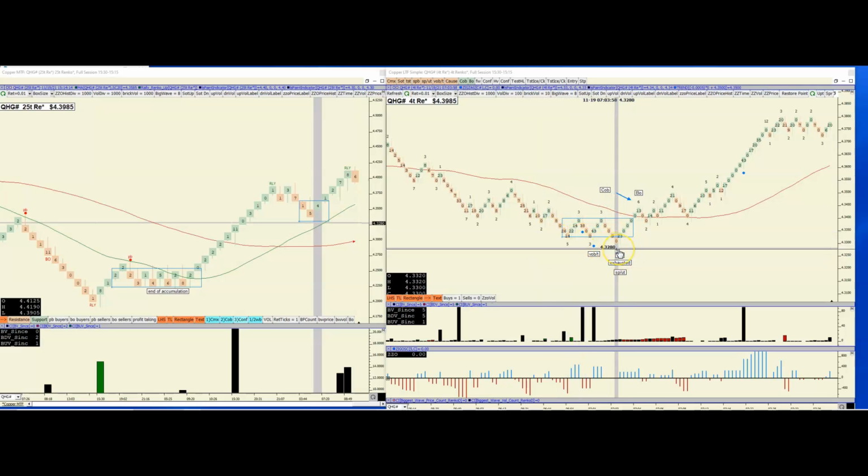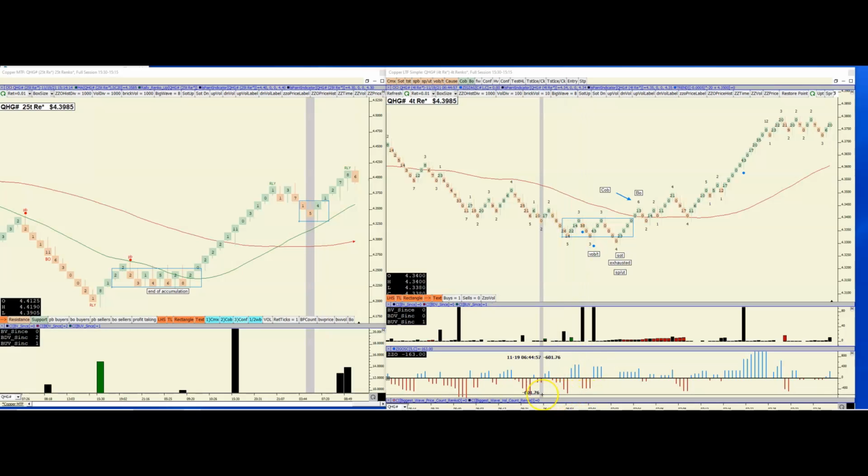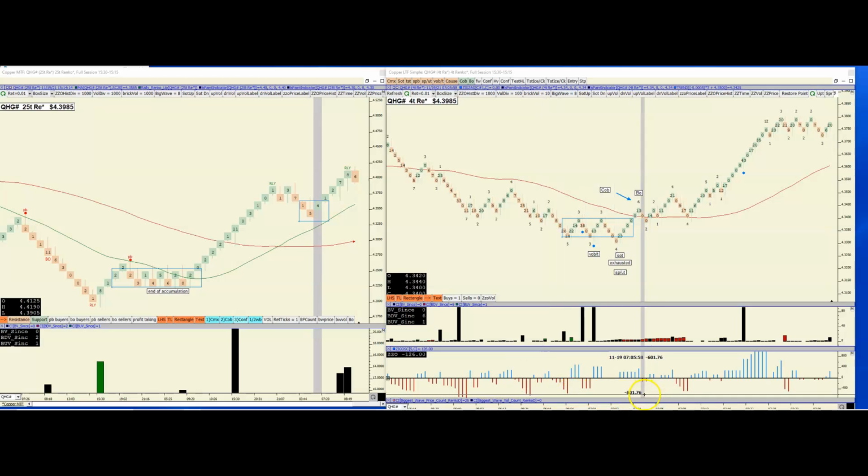Now, if you're using volume to judge the weakness, take a look at the red. Look at how low this is. 126 contracts, which is less than 384, 566, 163, and all of this. So there's no selling pressure.